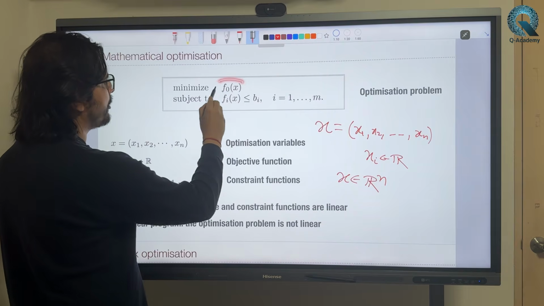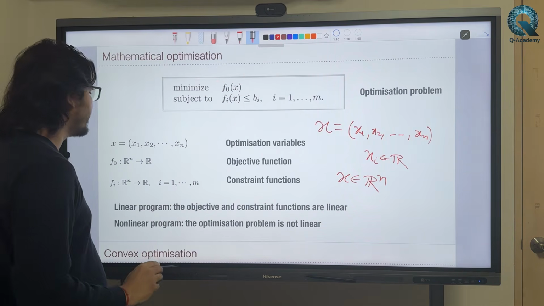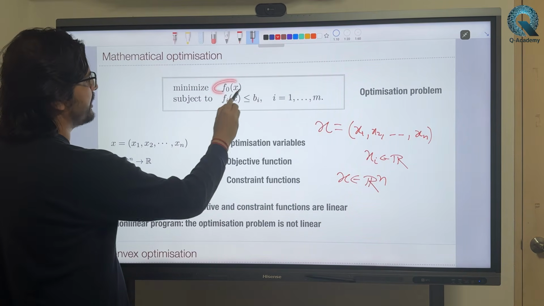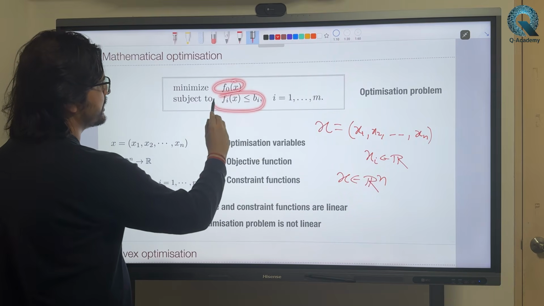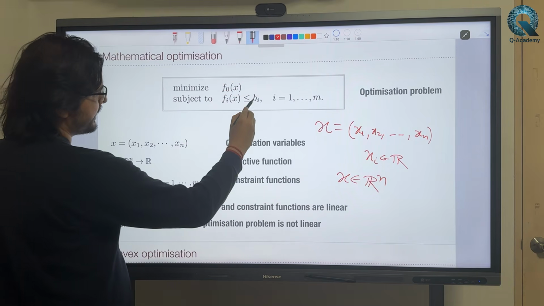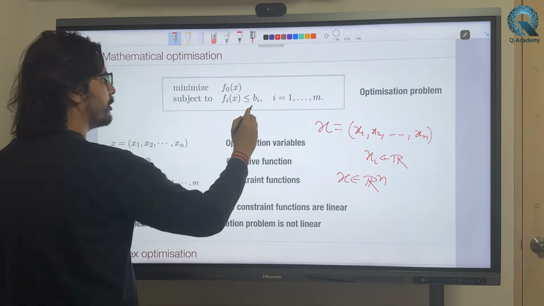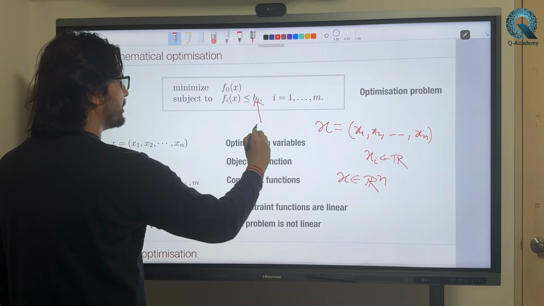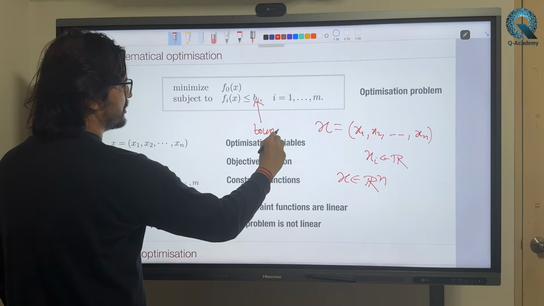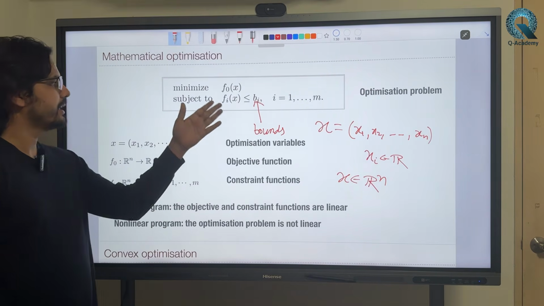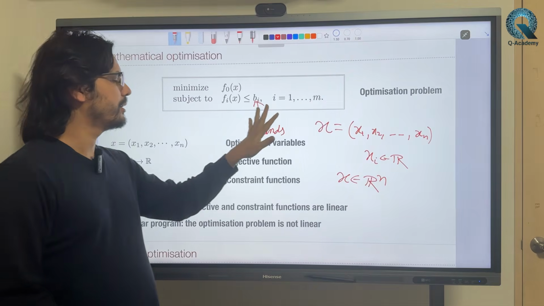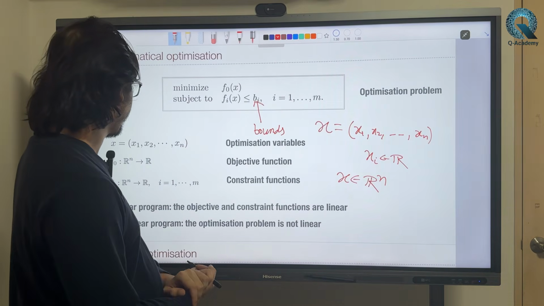You are trying to minimize an objective function subject to certain constraints. And the bi that you get here are called bounds. On your constraint functions, you get a bunch of bounds, and that's how you talk about what an optimization problem is.